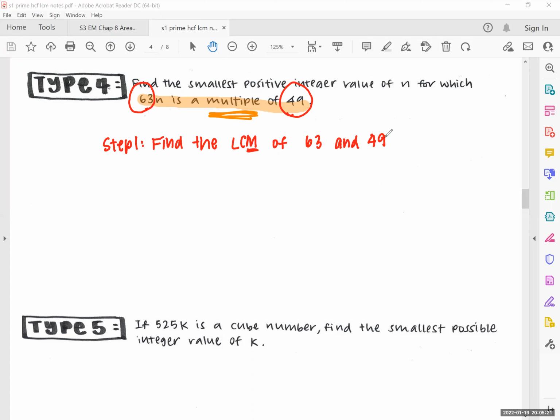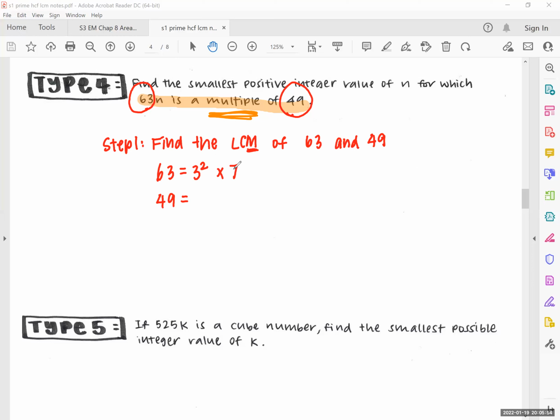Before you find the LCM, we need to do the breakdown of 63 and 49, right? So what is the index notation of 63 and what's the index notation of 49? Three to the power 2 times 7. Yep.